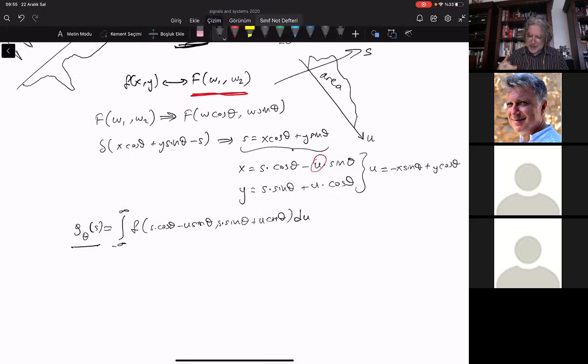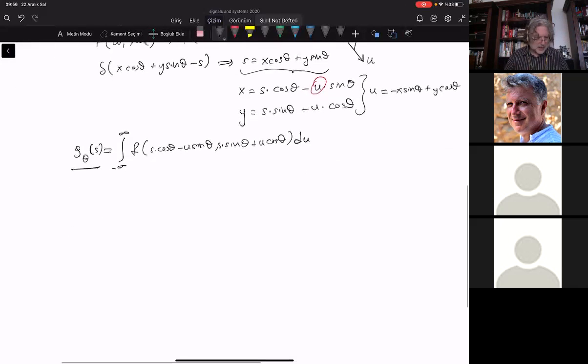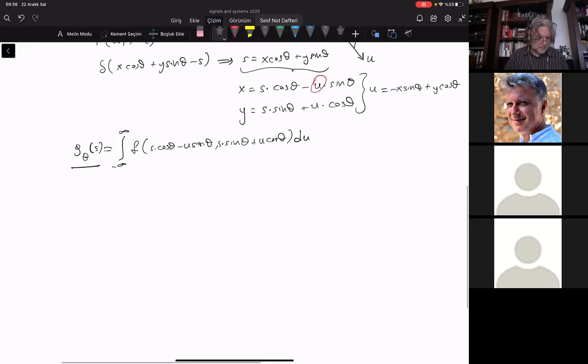And as if this equation is not complicated enough, now I will take the Fourier transform of it. And the Fourier transform will give me g theta of omega. It will be a one-dimensional Fourier transform because it's a one-dimensional signal, g theta of s, as you see.